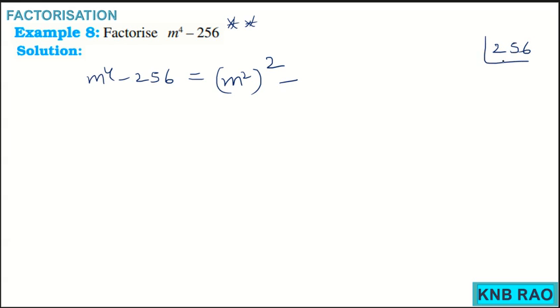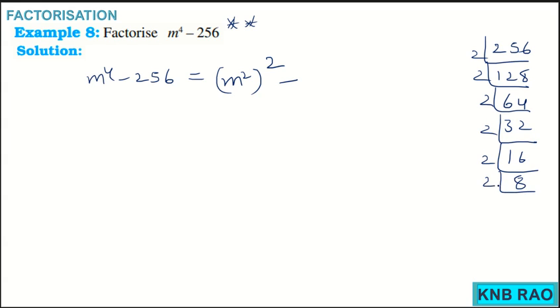First, do factorization. 2 128s, 2 64s, 2 32s, 2 16s, 2 8s, 2 4s, and 2 2s, which means 256 can be written as 2 to the power 8.